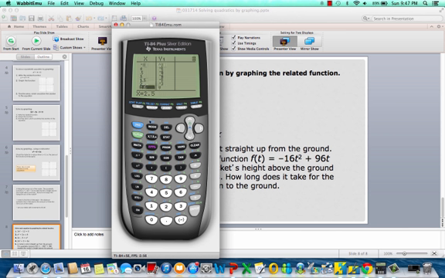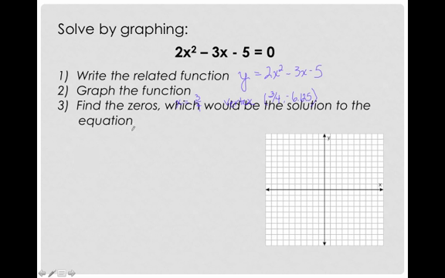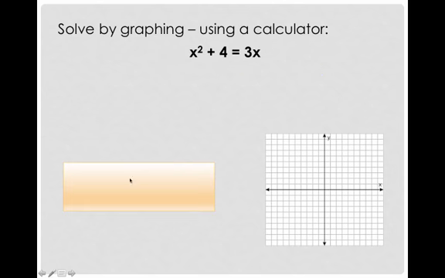So let's go back to the graph, and I can see that my zeros are here at -1 and 2.5, which I saw in my table. So for this function, which we just saw in the calculator, my zeros were at -1 and 2.5.